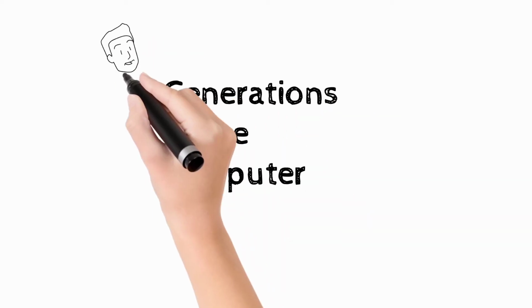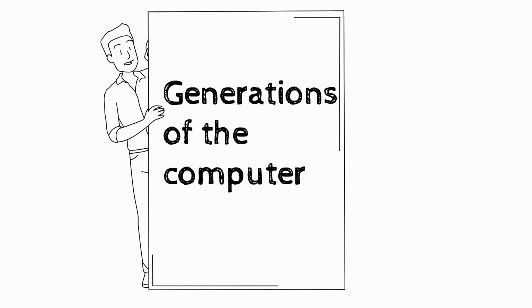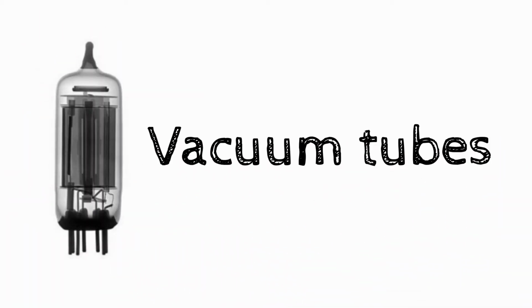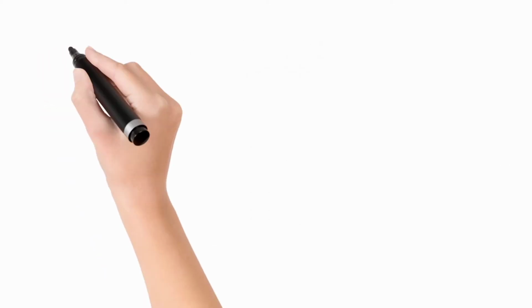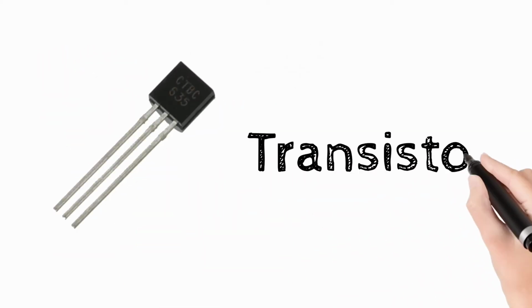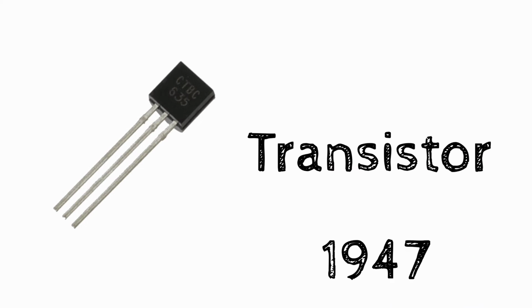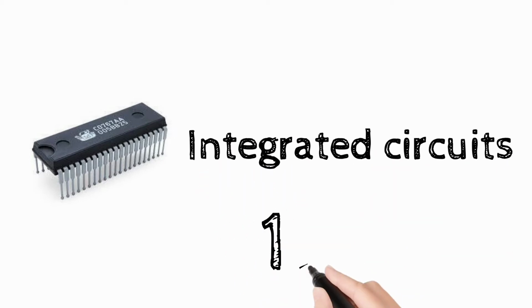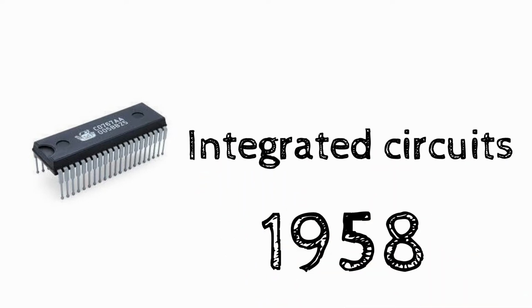There are many generations of computers. The first generation computers were the vacuum tubes. The second generation computers are the transistors, invented in 1947. The third generation computers were the integrated circuits, invented in 1958.